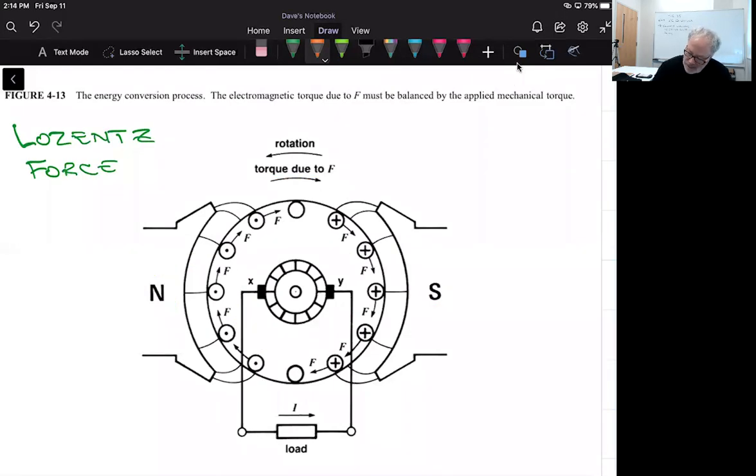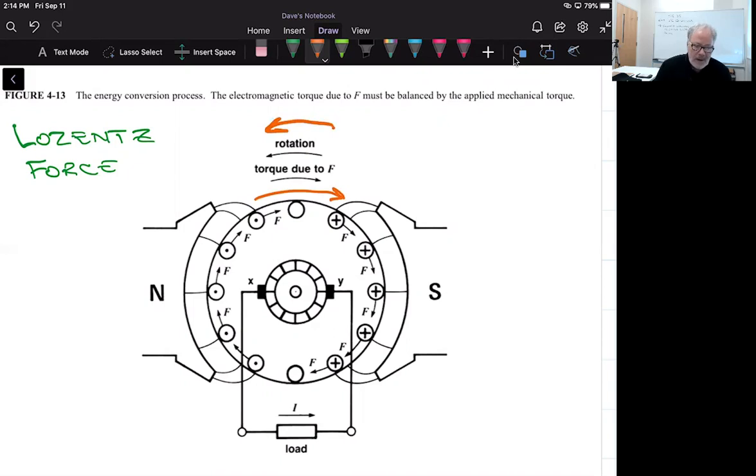So here's this rotation of the generator in this direction, and there's this torque, or twisting force, due to these Lorentz forces that are opposing that. The individual forces, this combined torque, act opposite to the direction that the machine is being rotated.